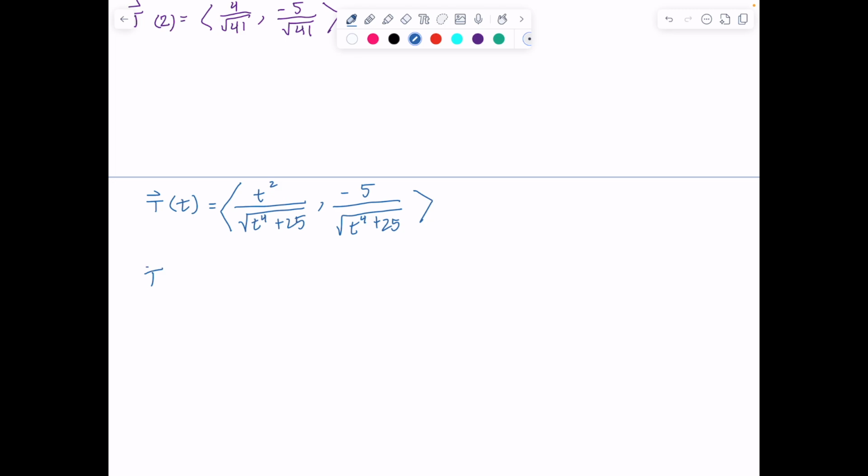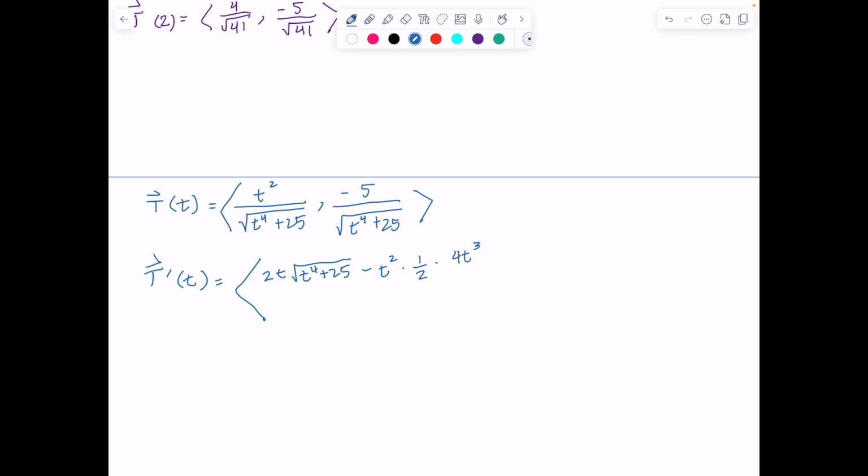So T prime at t will be equal to, so the first component, we'll have 2t times the square root of t to the fourth plus 25 minus t squared, using the quotient rule, times 1/2.